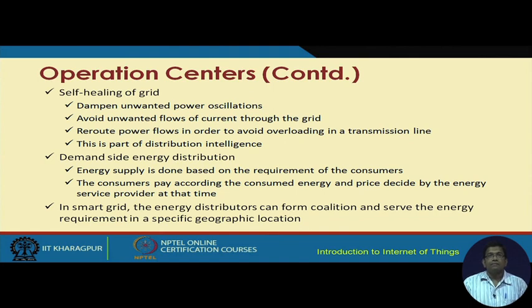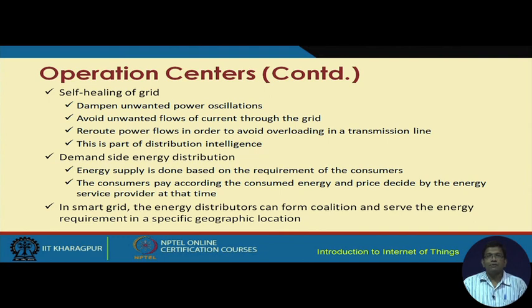Demand side energy distribution is also possible. Energy supply is done based on the requirements of the consumers. The consumers pay according to the consumed energy and the price decided by the energy service provider at that particular time. As I told before, the price can vary at different times of the day, and the consumers can schedule their different appliances to function at different times of the day depending on the on-peak or off-peak hours.